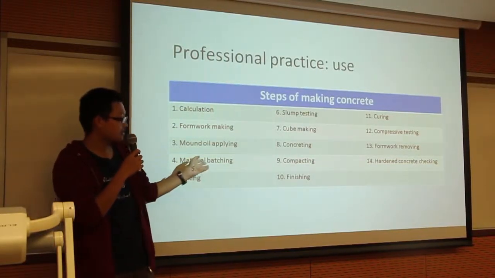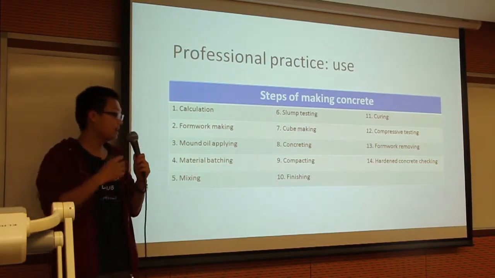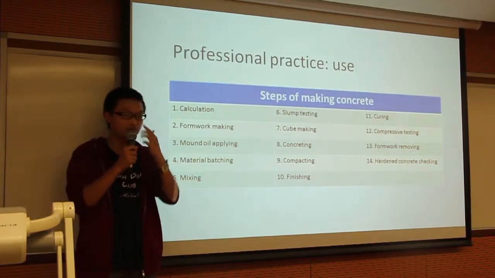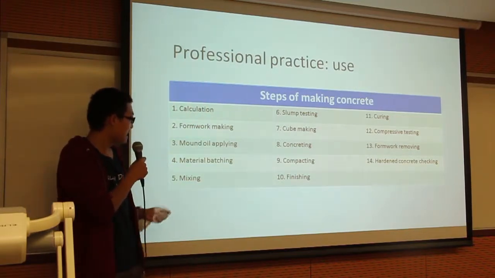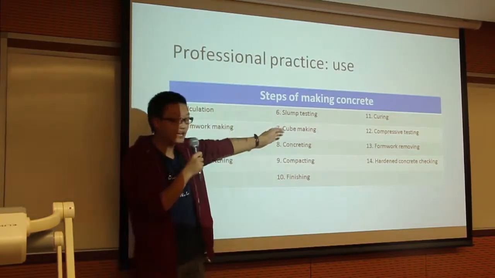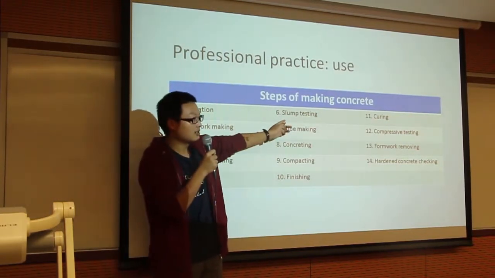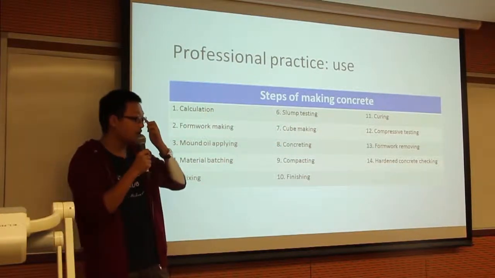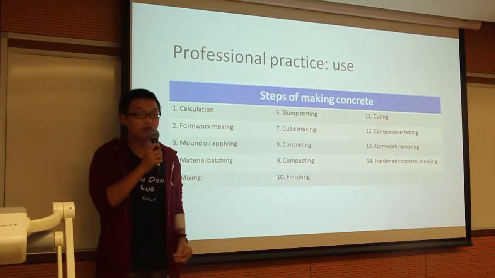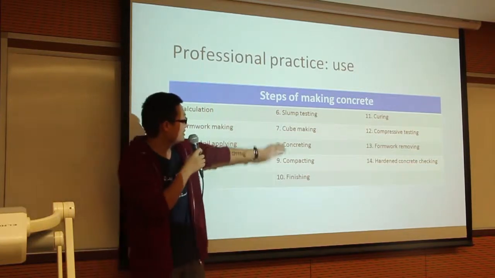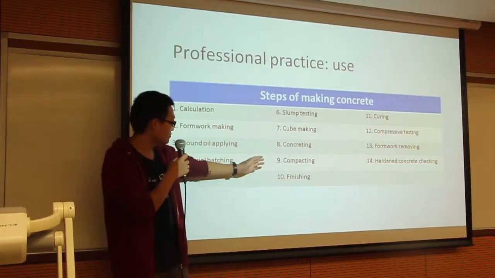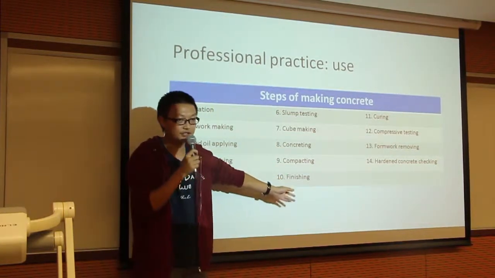And material batching is meant to measure how much material you will use in this step. And mixing and slump testing. Actually, slump testing is a production test for measuring the quality of concrete. And then it's cube making, concreting, compacting and finishing.